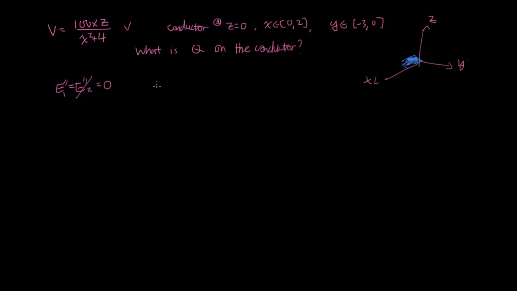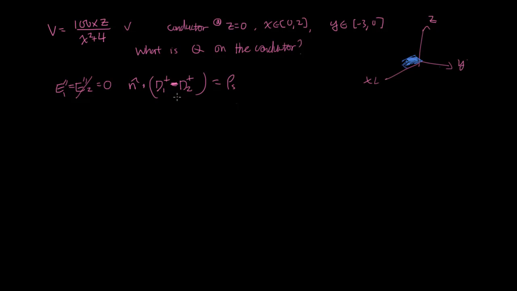But also, the electric flux density is continuous in the normal component, and the difference is, this is the actual thing that we learned, that the difference between the normal components of the electric flux density is going to be equal to the surface charge density.